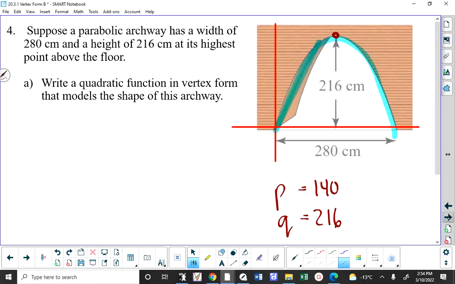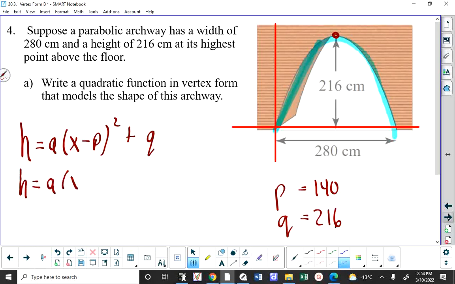Again, we're going to decide what to write down, or you're going to make a decision in a second. If I did it this way, I would say the height of the parabola equals a times x minus p squared plus q. I'm going to use h instead of y. So I would have h equals a times x minus 140 squared plus q. Right?